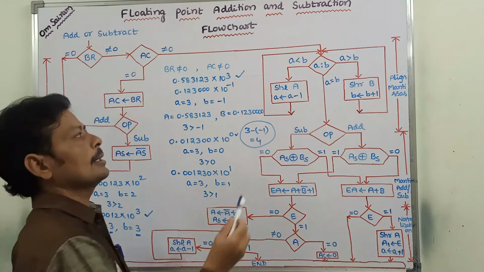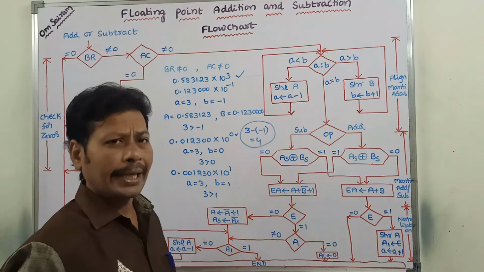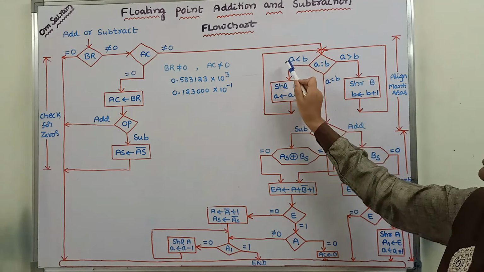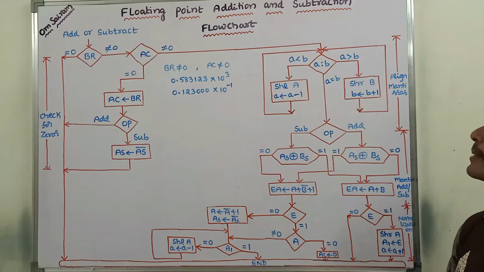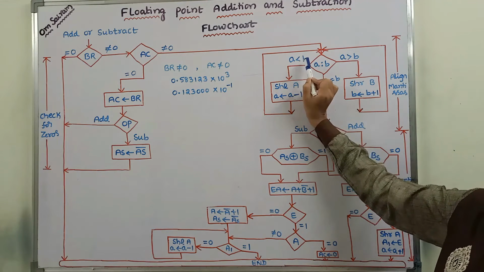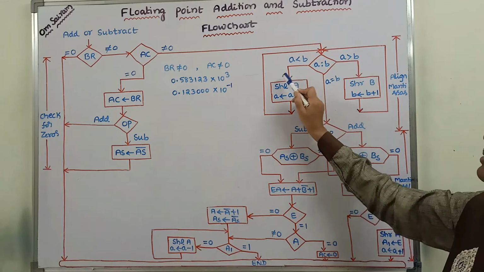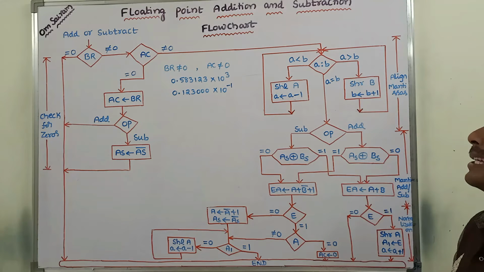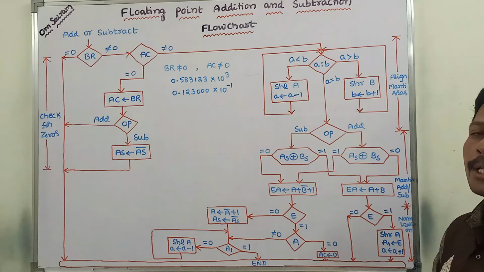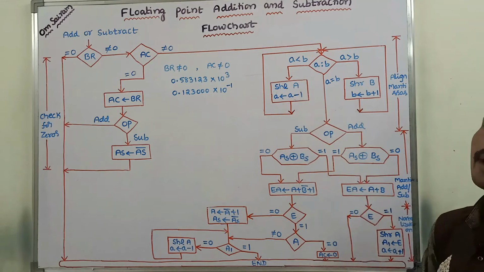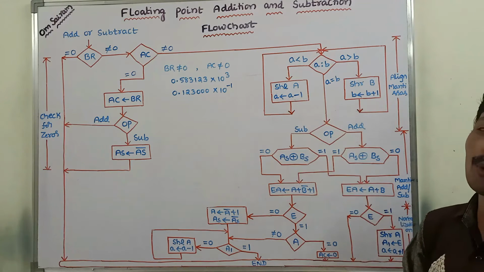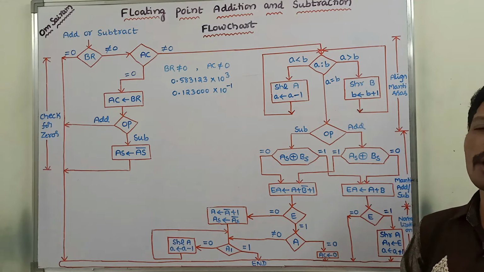Now we can go for the second approach, or case 2. In the second approach, we are comparing the exponents of two floating point numbers, whether A is less than B. Now we are performing these two steps. Shift left A, that means we are shifting the content of the mantissa of the first floating point number by 1 position to the left and decrementing the exponent value of the first floating point number.